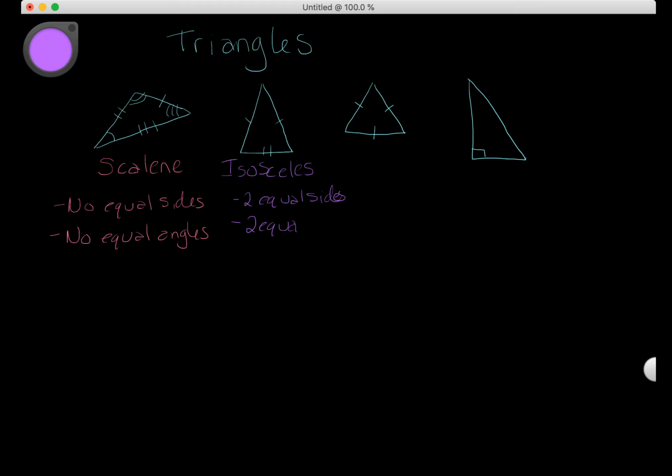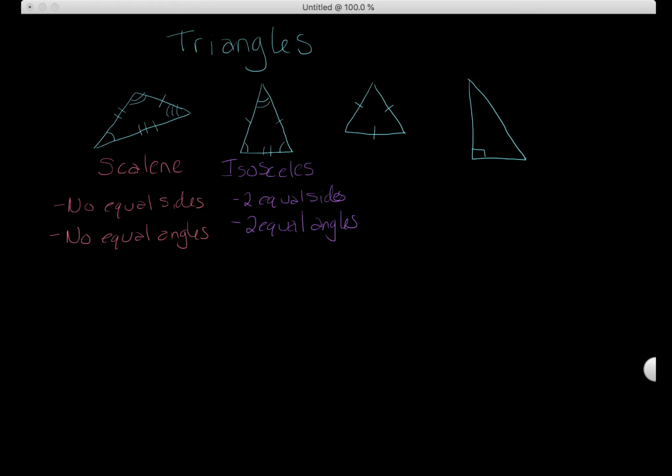Our side markings show that we have two that are the same and one that is different, and our angle markings would look like this. That shows that these two angles are the same and one angle is different.